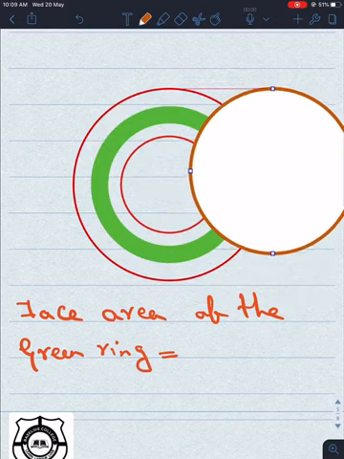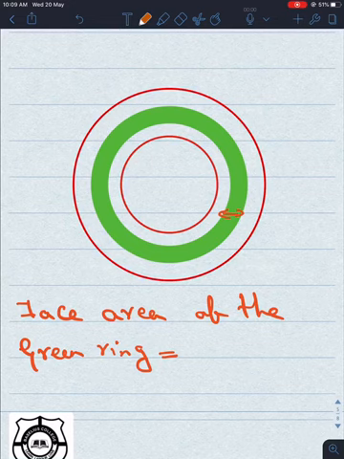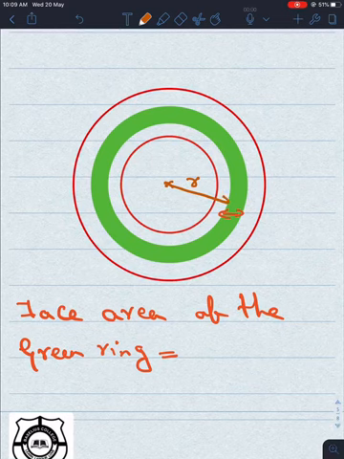You can imagine different circles making it up. Here I consider a green circle which is at a distance small r away from the center and has a thickness dx.